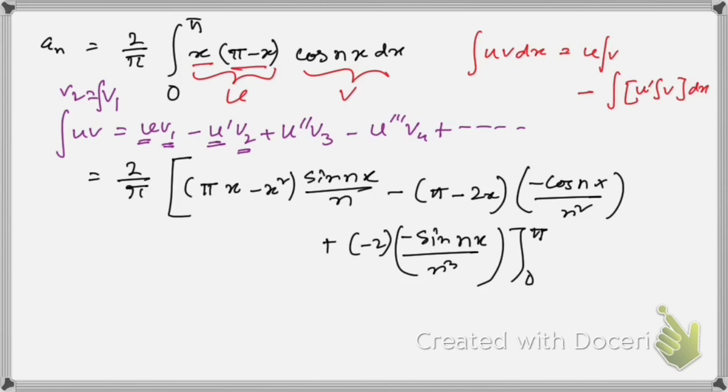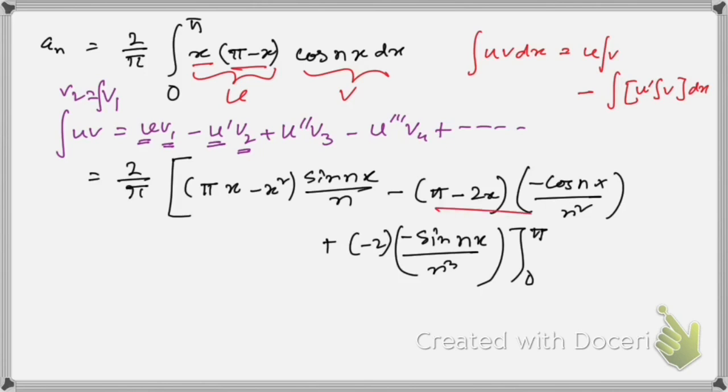If you apply that, you will get this result. Now the terms containing sine are going to be 0, because sine n pi is 0 and sine 0 is also 0. That's why this is 0 for both upper and lower limits.